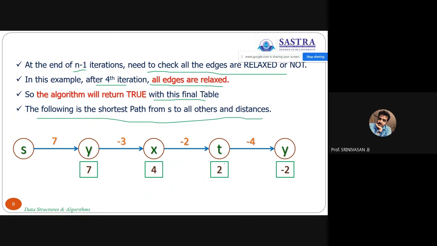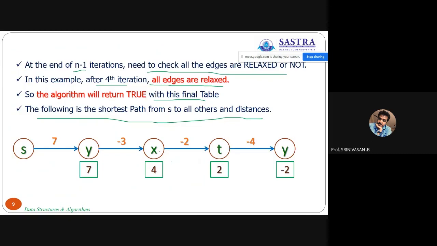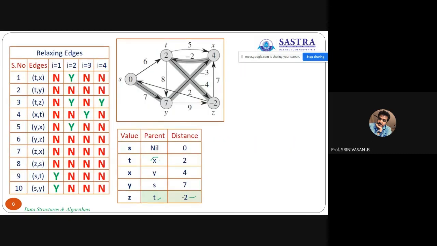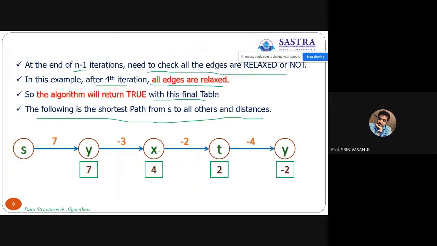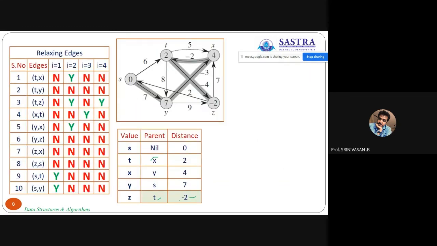So what does the shortest path mean? For the t, x is the parent. So x to t. What is the distance? For the t, the distance is 2. That we have to mark.